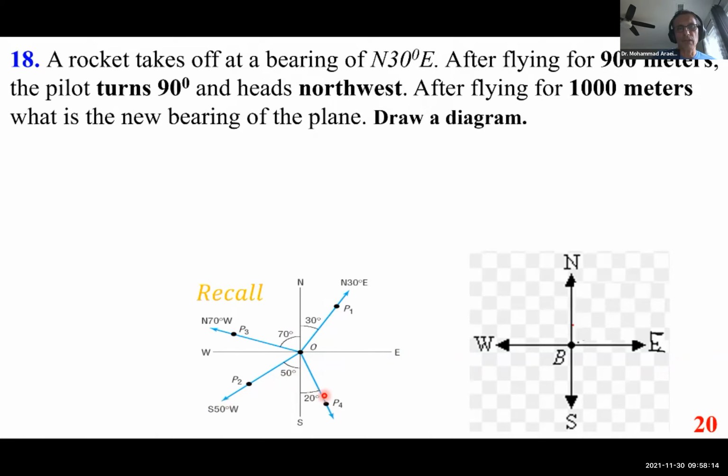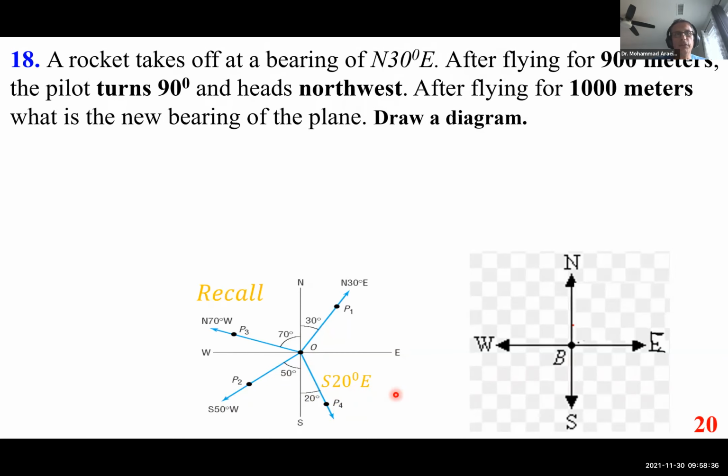Looking down, first we put south, then we put east. What do we put in between? 20 degrees. So this would be south, 20 degrees east. So that was a little lesson to remind everybody about this.